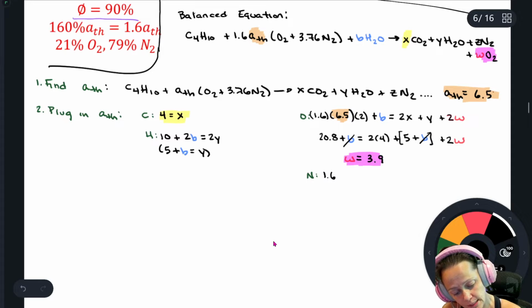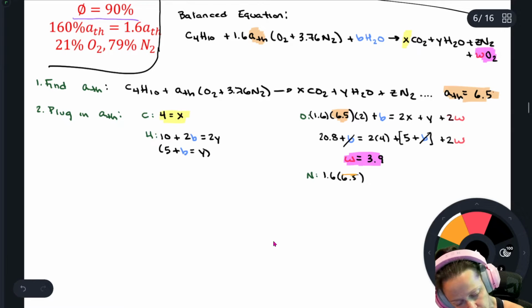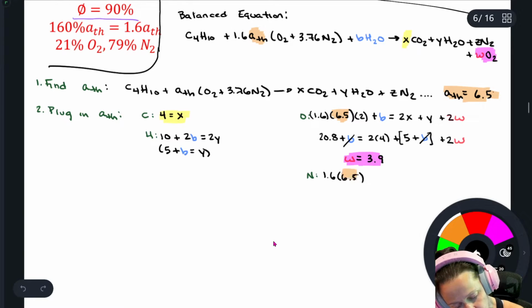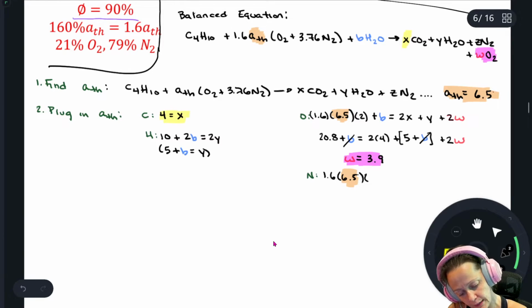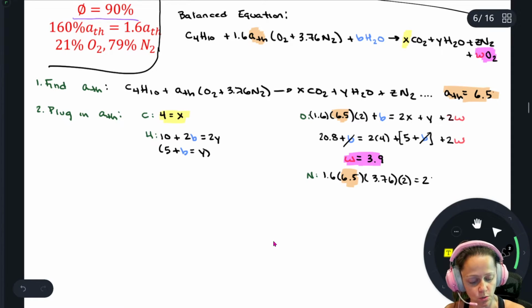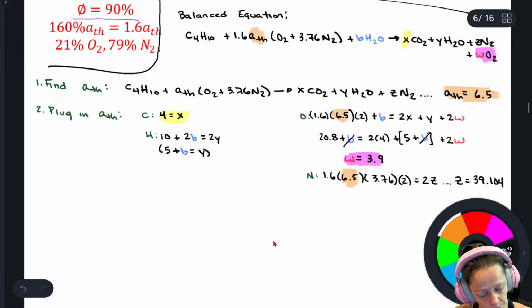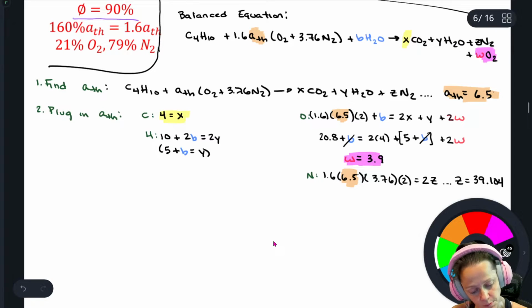So I've got 1.6 times 6.5 times 3.76 times 2, which is equal to 2Z. So anyway, I get a Z value of 39.104. Okay, great. Let's put him as green, I guess. So I got that one at least.